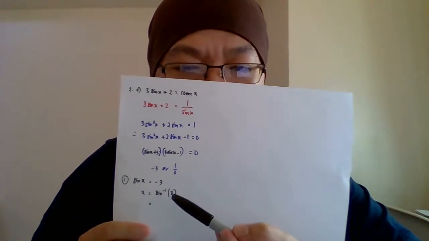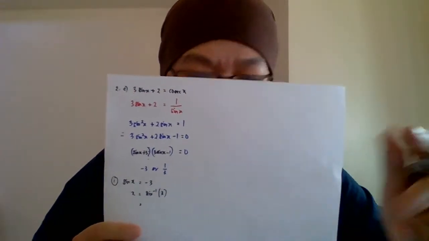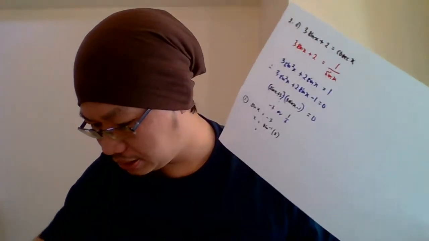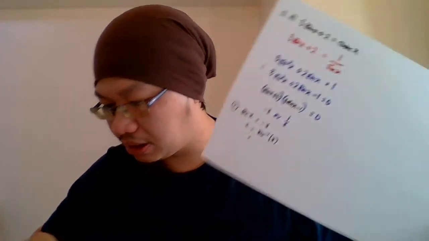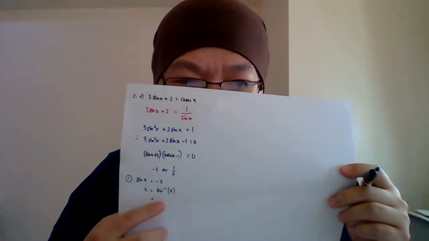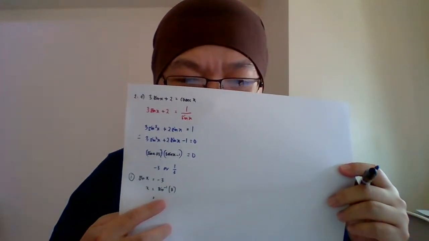So just sine inverse 3. Press the calculator, what do you get? You see, there is no negative inside the bracket. Why? Refer back to the old video. So just put the positive 3 here. From the calculator, sine inverse 3, the answer is math error. That means there is no answer here. So how do we write the answer? The final answer here is undefined. So for this one it is undefined.